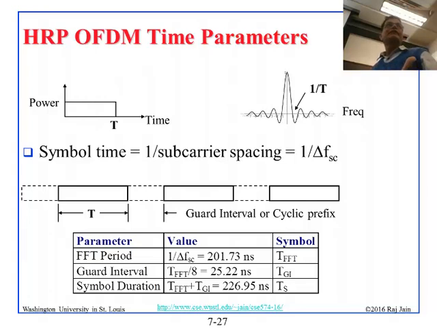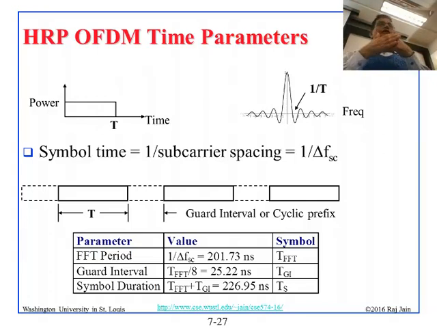Okay, you understand? So basically, there's an FFT period which is 201 nanoseconds, and a guard interval which is 1/8 of the FFT period. Now why 1/8? Again, they discuss how far this signal has to go. If it has to go very far, then of course you need a large guard interval because the symbol can move a lot.